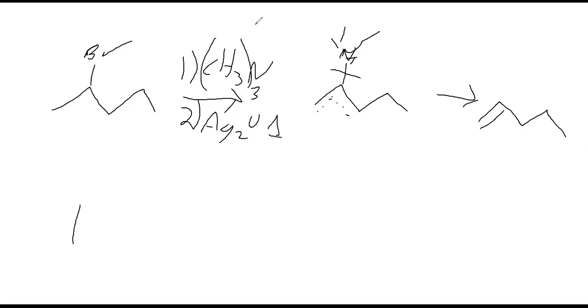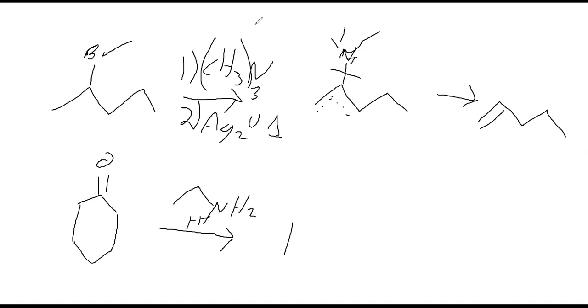Last reaction. That's right. So we're doing a cyclohexanone. Then in the presence of acid, we're adding an amine. So remember, ketones and amines are exchangeable depending on what you're adding.